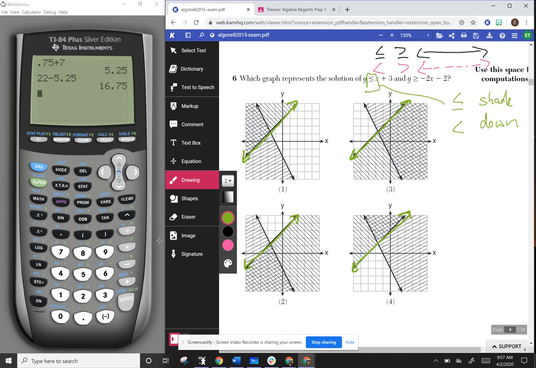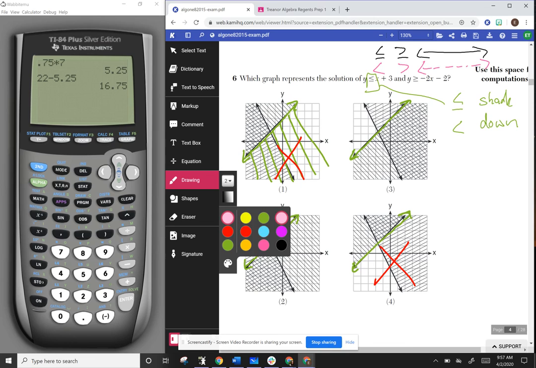So looking at graph number 1, shading below the line or down from the line would be this way. So 1 is not being shaded down. 2 is, we can see below. 3 is, and 4 is not. Okay, let's do the other one. The other line now, which is negative 2x minus 2, is going to be the other line. And I don't need to show it in the two that are not answer choices now.